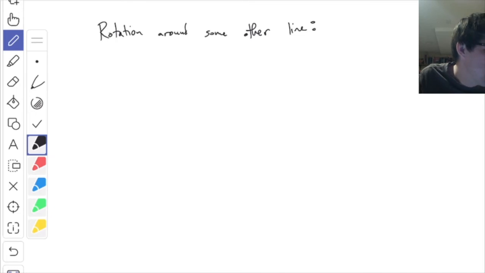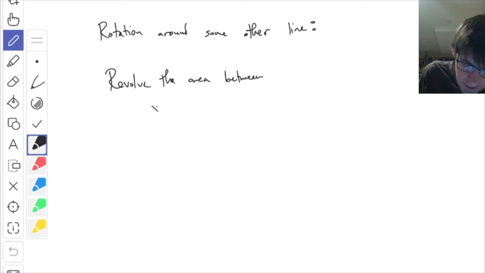But let's try, I've got an example here. Let's revolve the area between the x-axis and the function y equals x squared.